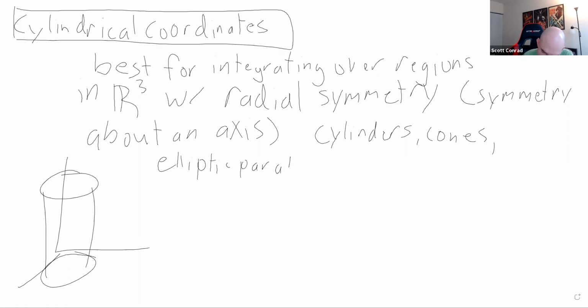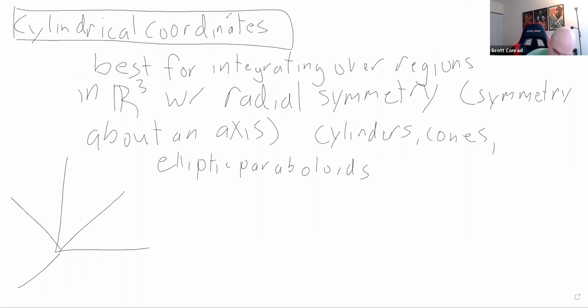These types of regions. Mostly cylinders, though, are generally what we see. Sometimes cones, but yeah. So your cones, or your half cones, generally.